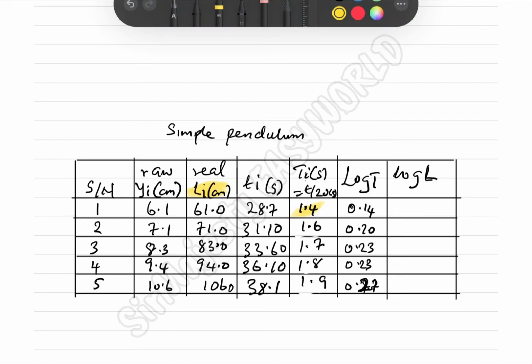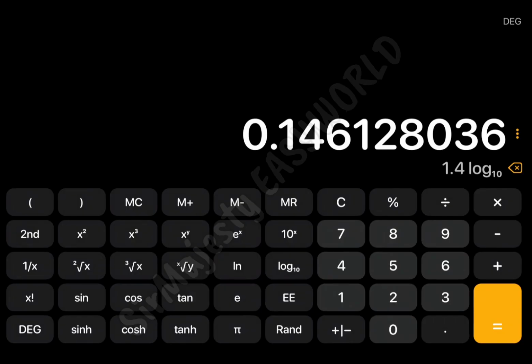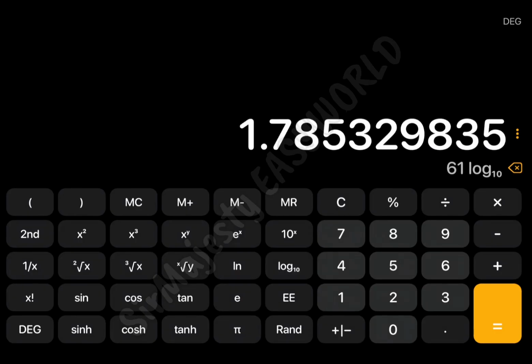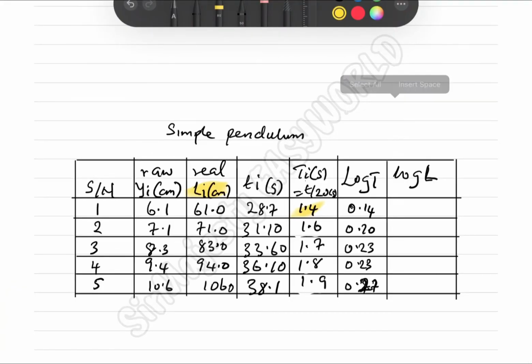Log 61 should be 1.785, which should be 1.79. So here should be 1.79.